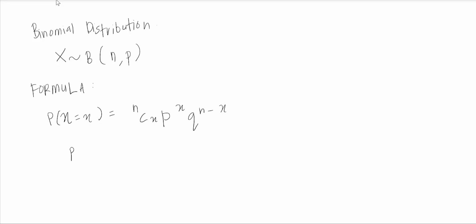So p is the probability of success, q is the probability of failure, in which q is equal to 1 minus p.